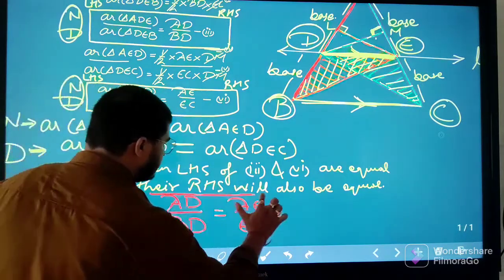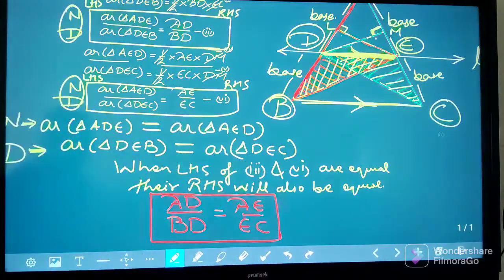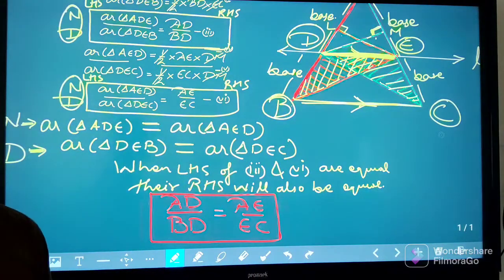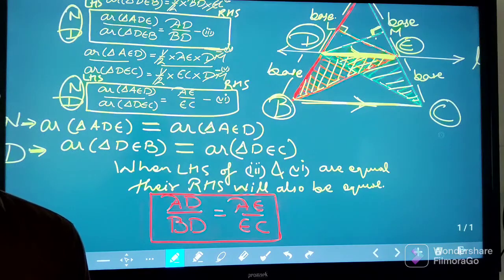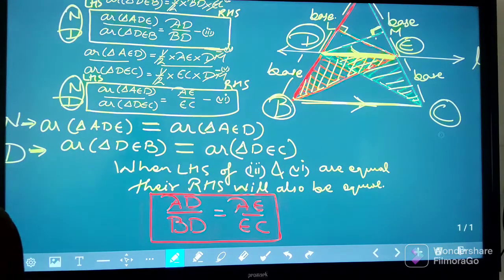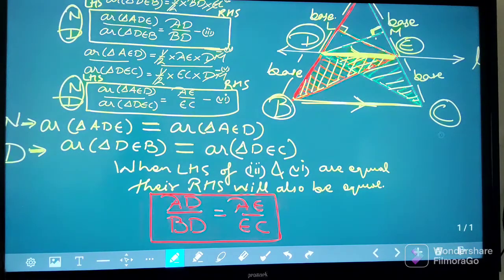And guys, is it not the Thales theorem? Yes, that was what the Thales theorem was saying. So this is the proof of the Thales theorem. This way you have to proceed step by step to get to this result.